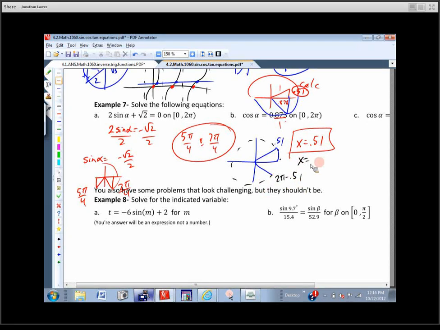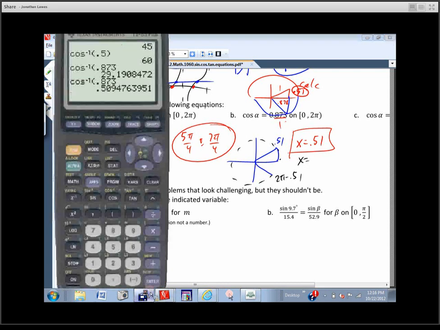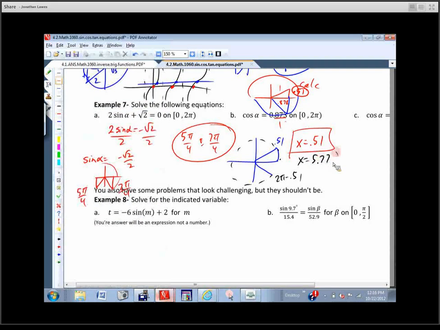So the other answer on this problem, you could actually just write it like that, or let's throw this into the calculator. I'm going to do 2 pi minus that last answer there. So 5.77. Does that look like about 5.77?